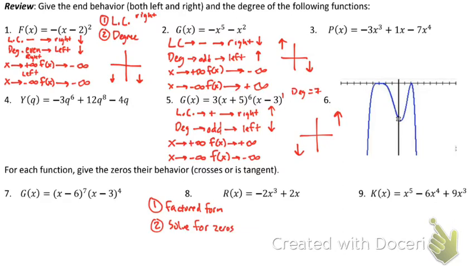And how do we do that? You remember we have to split this up and put each factor equal to 0. So we're going to go x minus 6 equal to 0. We're going to ignore the power for now. Okay, we'll get back to that in a little bit. And this one's going to be x minus 3 equal to 0.